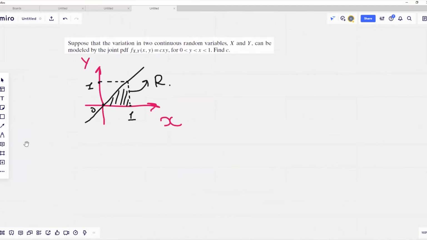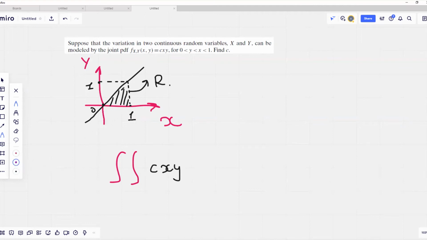Now let's find the volume under our PDF f of x y. So it is calculated as follows. First, let's integrate our PDF over y. Boundaries for y will be from 0 to this line here, y equal to x.